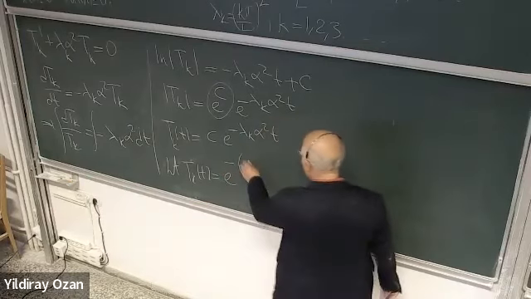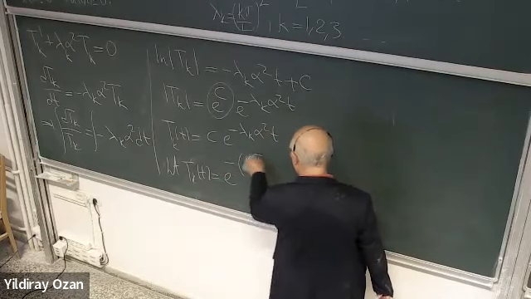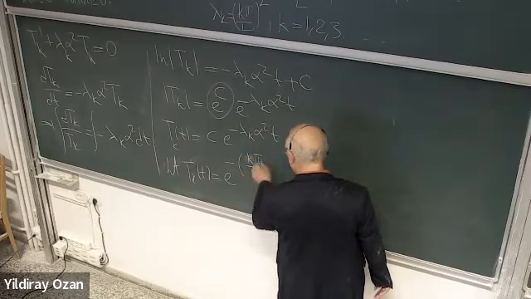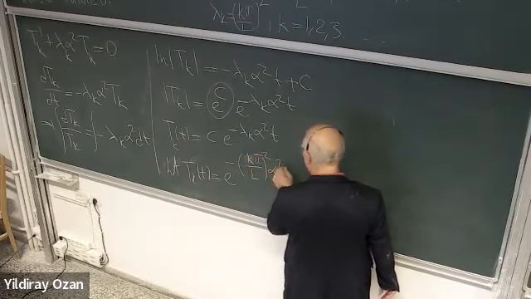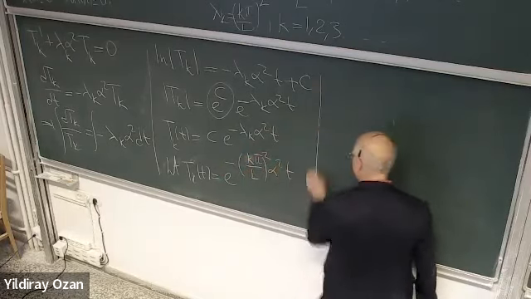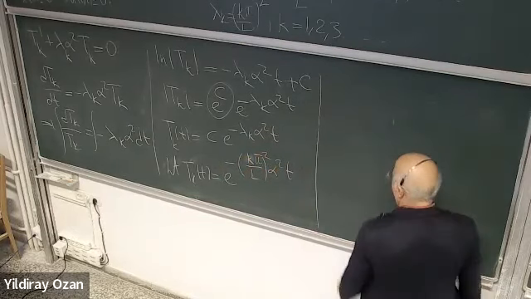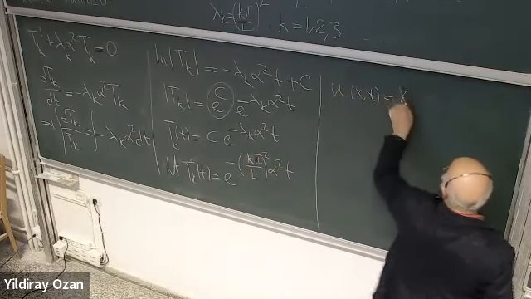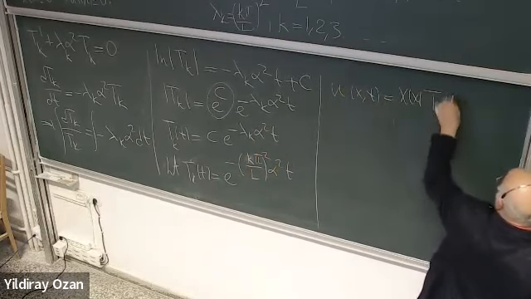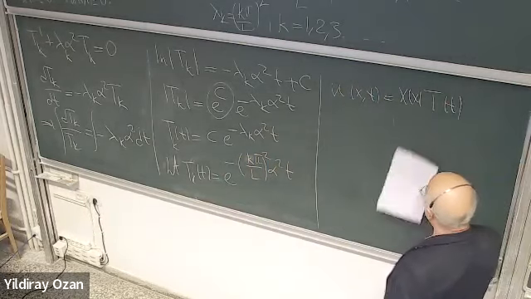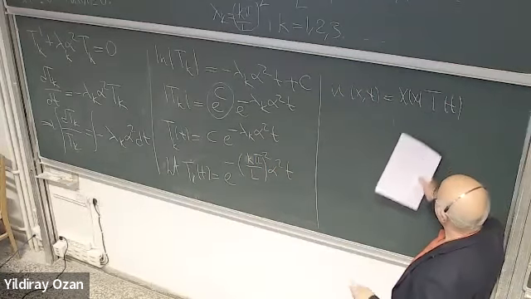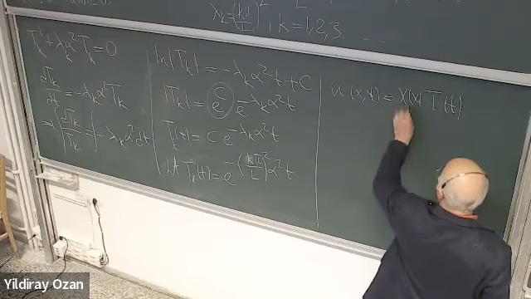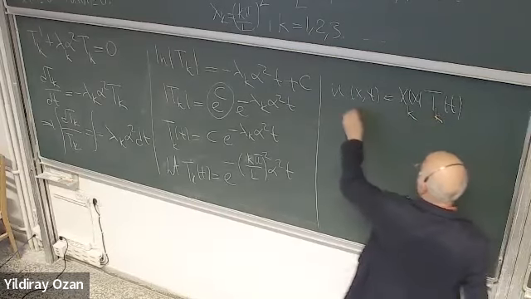Lambda k is what? k pi over L squared alpha squared t, and therefore u(x,t), which was X(x) times T(t), but for each positive integer, I have one X and one k, one T. So let me just label them like this.